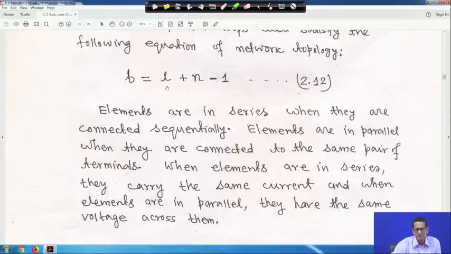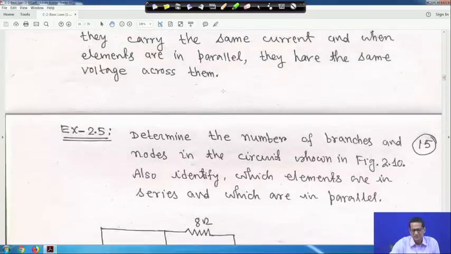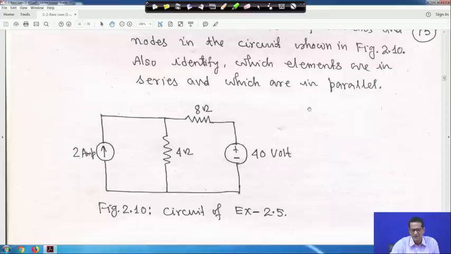So, this is the relationship B is equal to L plus n minus 1. For example, a circuit is given, you have to find out the number of branches and nodes in the circuit shown in figure 2.10, and also identify which elements are in series and which are in parallel.